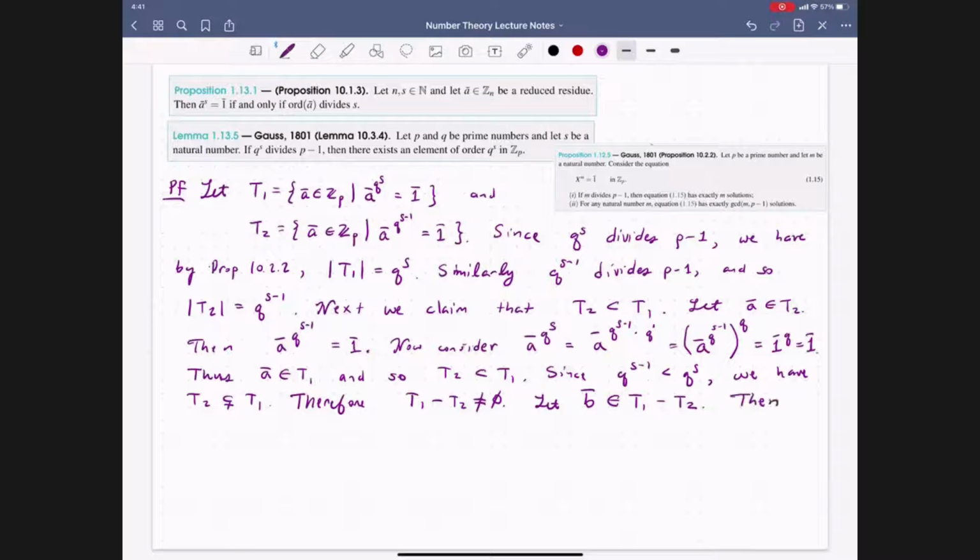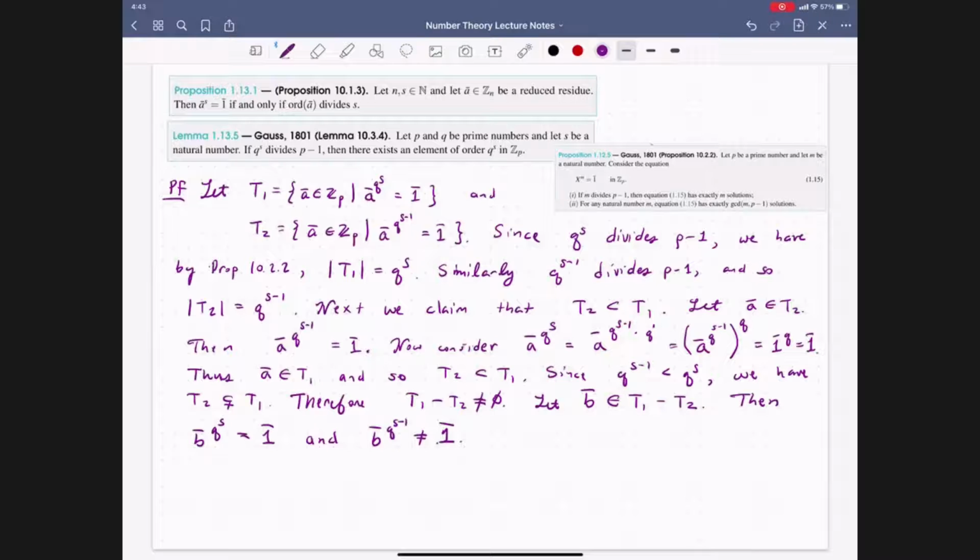This tells us that B bar to the q to the s is equal to 1 bar, and B bar to the q to the s minus 1 is not equal to 1 bar. So that's what it means to be in that set difference.